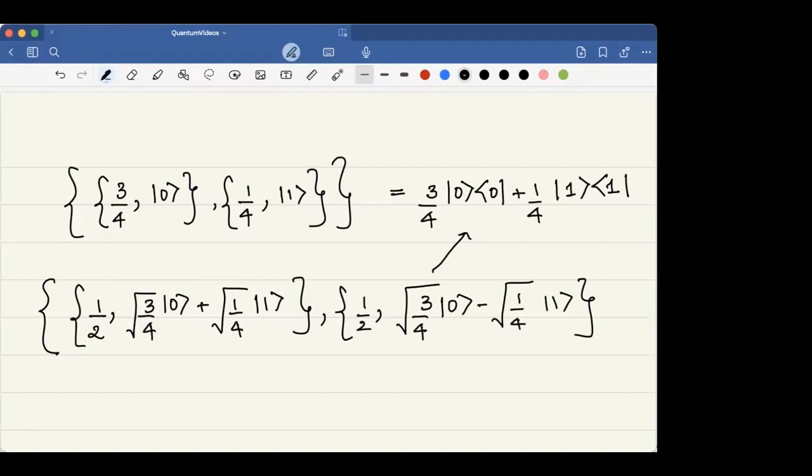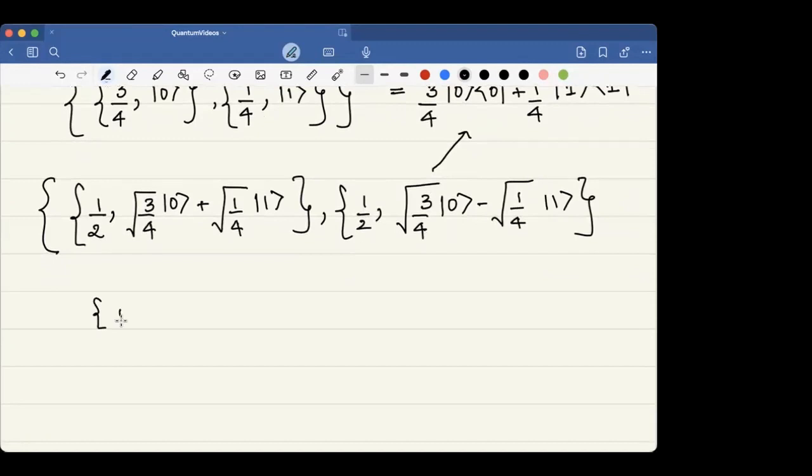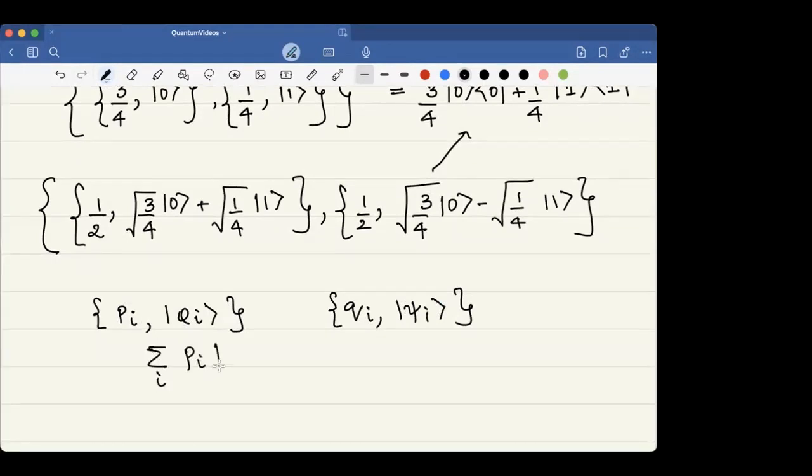Suppose I have a mixture, let's say pi phi I, and another mixture which is qi psi I. When do these two mixtures lead to the same density matrix, that is, when is the summation over I pi ket phi I bra phi I equal?